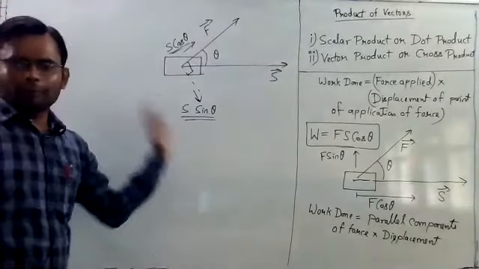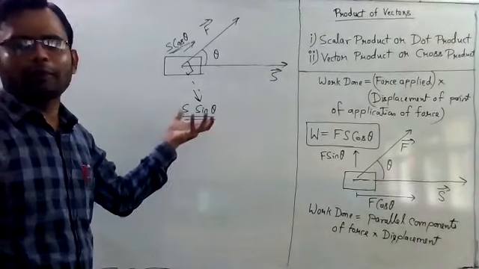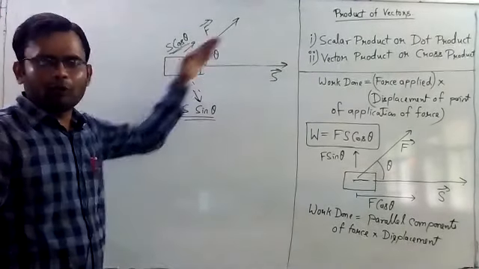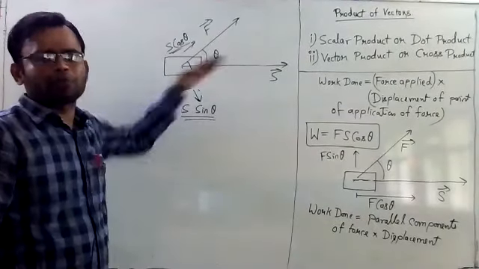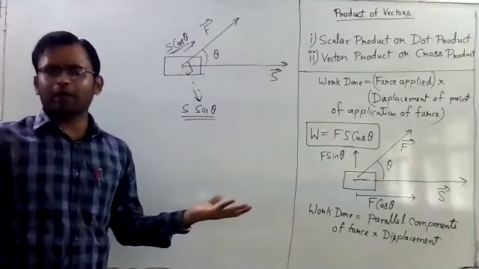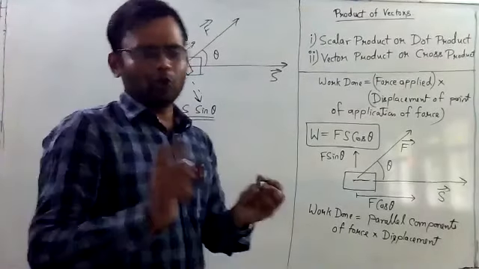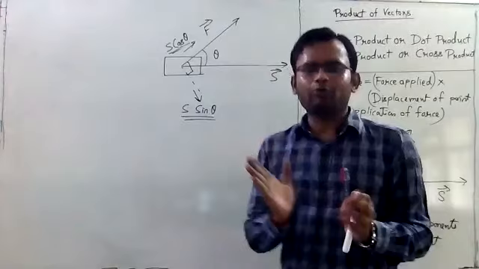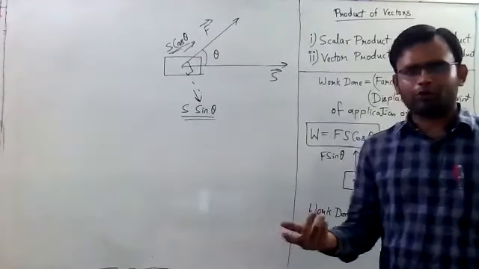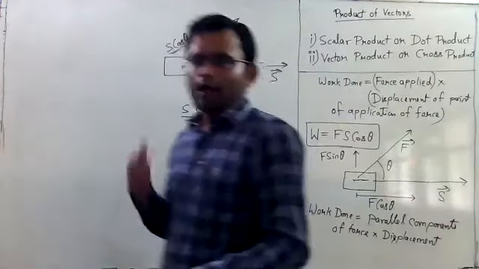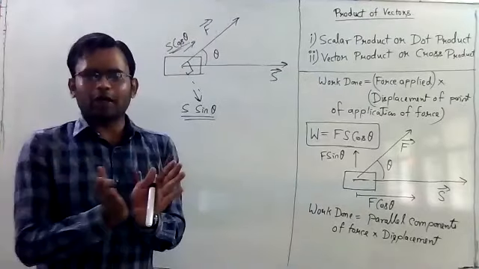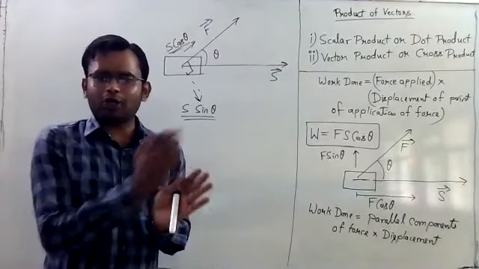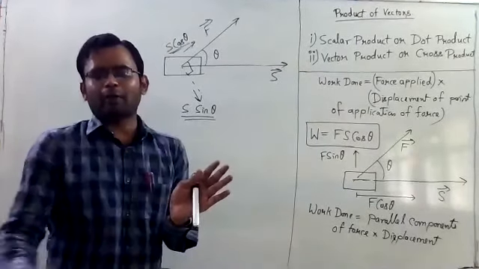By this diagram, what I am getting is that I am multiplying force with the component of displacement parallel to the force. This also I can consider, meaning out of the two vectors which I am multiplying, I can break any one vector of your choice into two components: one parallel to the second vector and the other perpendicular to the second vector.